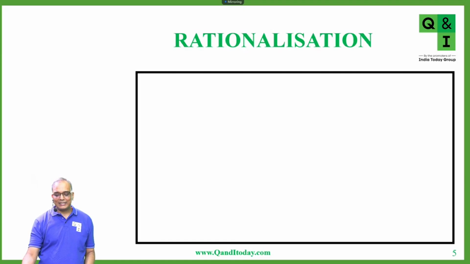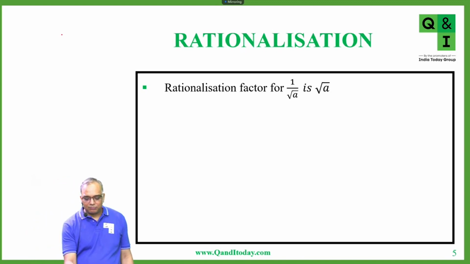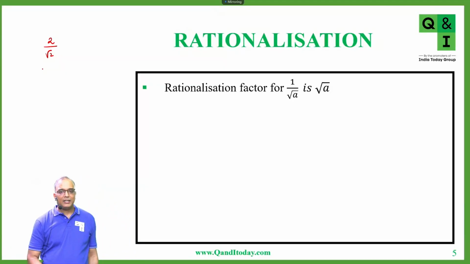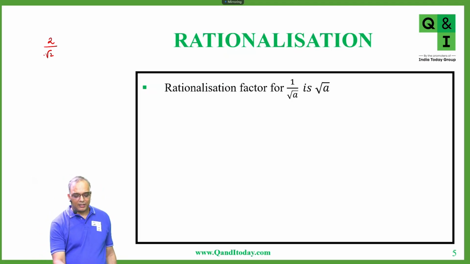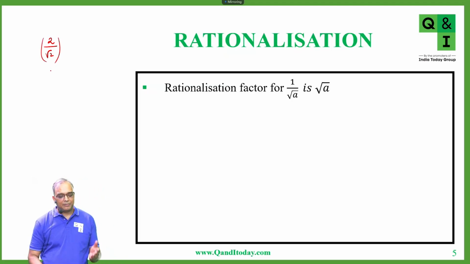So let us understand the meaning, why we need to do rationalization. So basically, when you denote a real number in the form, let's say, 2 by root 2, the standard form says that you should not have a square root term or an irrational number in the denominator.